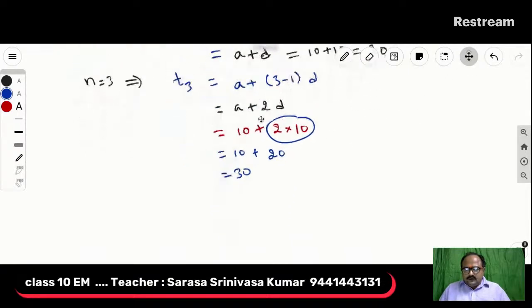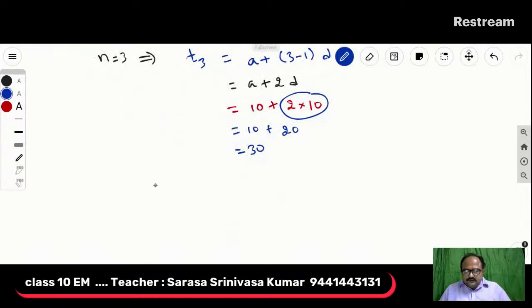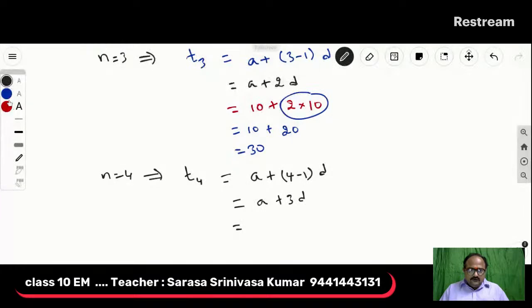Now we write n equal to 4. When n equal to 4, we get T4, the fourth term. This is equal to A plus n minus 1 into D, that is 4 minus 1 into D, which is A plus 3D. A is 10, so 10 plus 3 multiplied by 10.